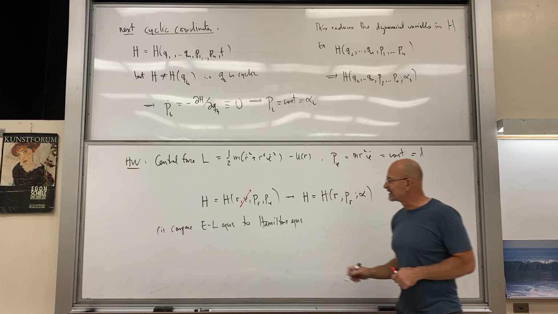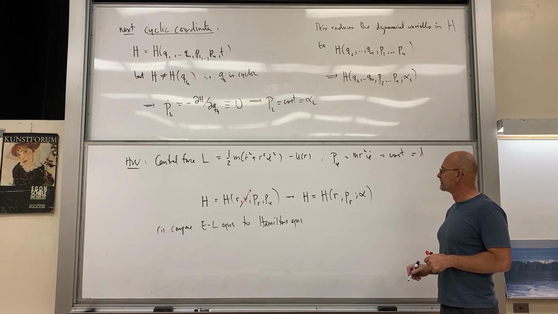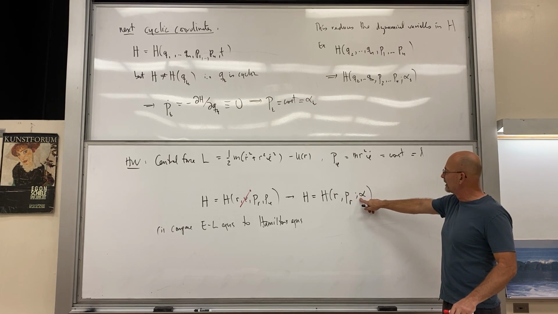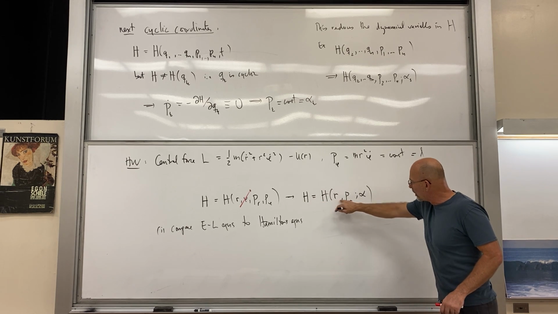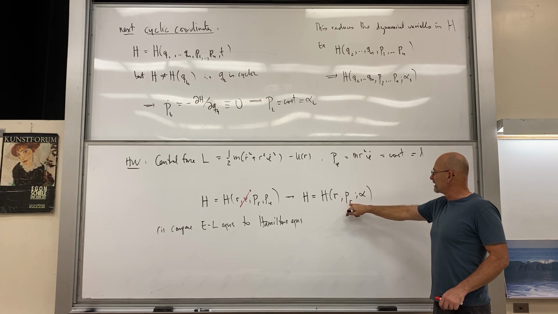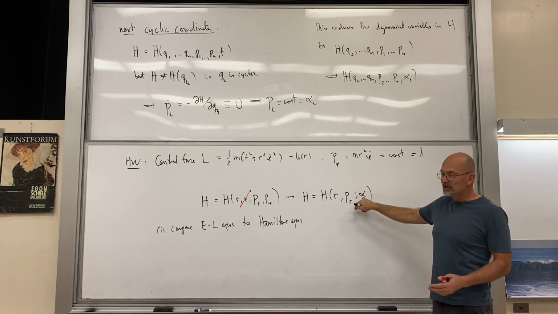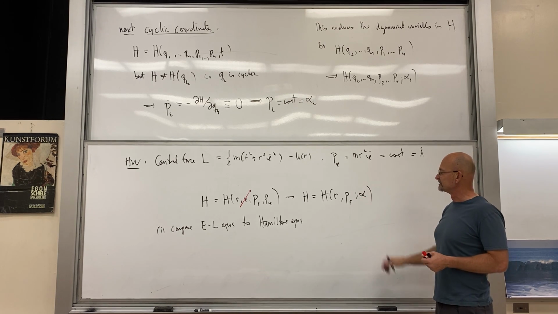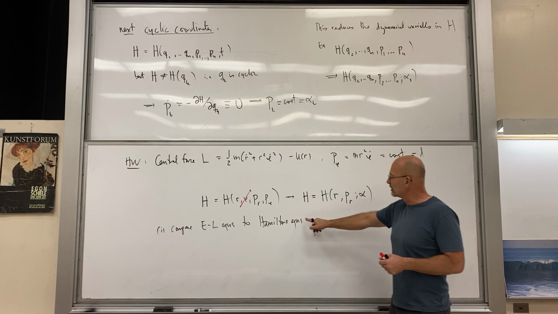So carefully write them out. This is complete, by the way, if you have Hamilton's equations for this one variable and the definition of this alpha, which was the conserved angular momentum, right? So you want to compare the Euler-Lagrange equations.